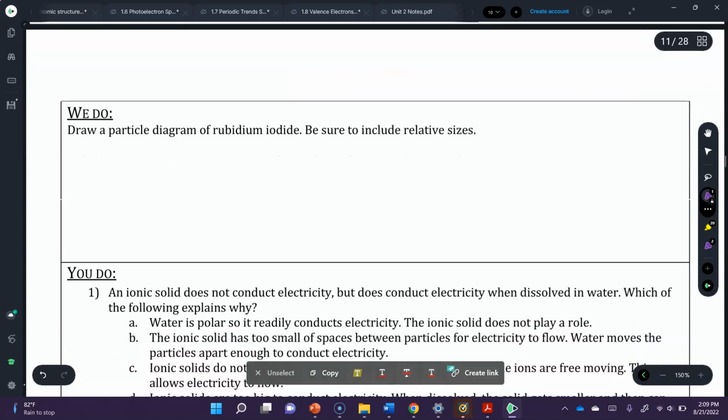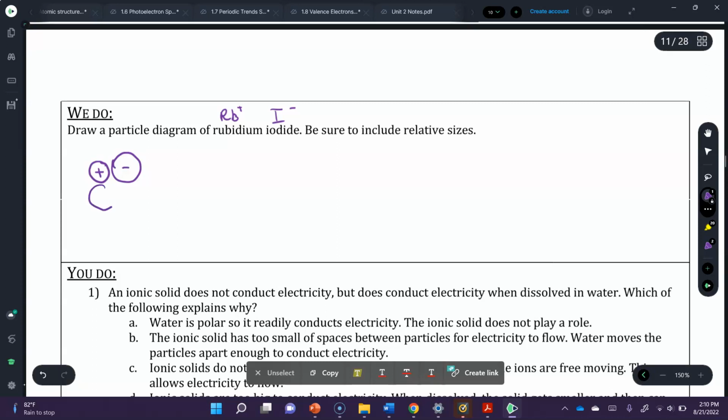So now we're going to draw a particle diagram of rubidium iodide. Be sure to include relative sizes. Well, you want to look at the periodic table, and when we see this, we also know that rubidium forms a +1 charge and iodine forms the 1-. Since rubidium loses an electron, it should be smaller, and I'm just going to label it with a positive, than the iodide ion, which should be negative.